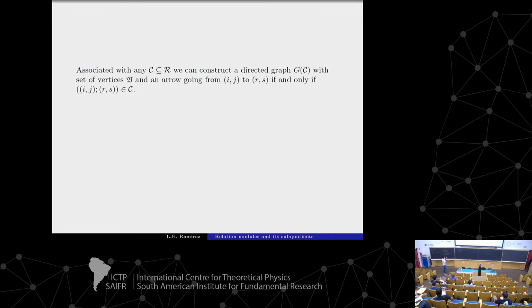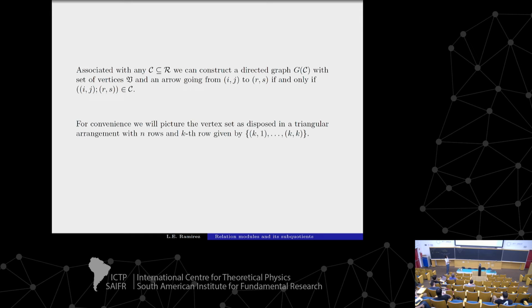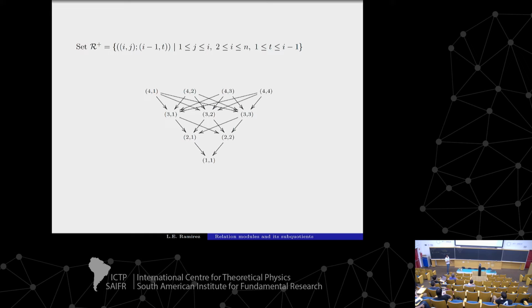But the correct way of thinking is, if you have a subset R, you can associate a graph. And the graph is a very natural graph: you have an arrow going from ij to rs if (ij, rs) is an element of the set of relations. So it's better to see these sets of relations as arrows.